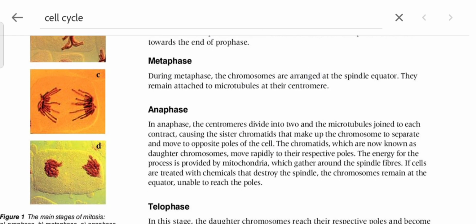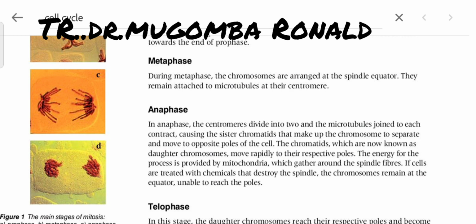Anaphase, we said during anaphase, the centromere divides into two, and then the microtubules that are attached to each contract. As they contract, they pull the sister chromatids that make up the chromosome to separate them and move to the opposite poles of the cells. The chromatids are now known as daughter chromosomes. They now move to their respective poles.